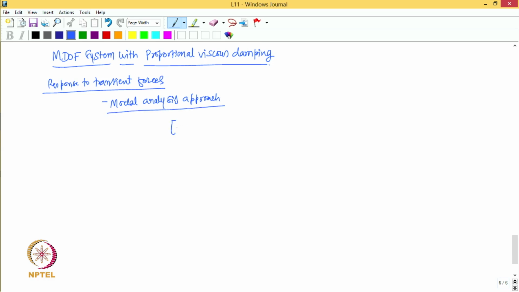So, the equation of motion for this system can be written as m x double dot plus c x dot plus k x is equal to, now we have a vector of transient forces. Here C is now proportional to a linear combination of stiffness and mass matrix.